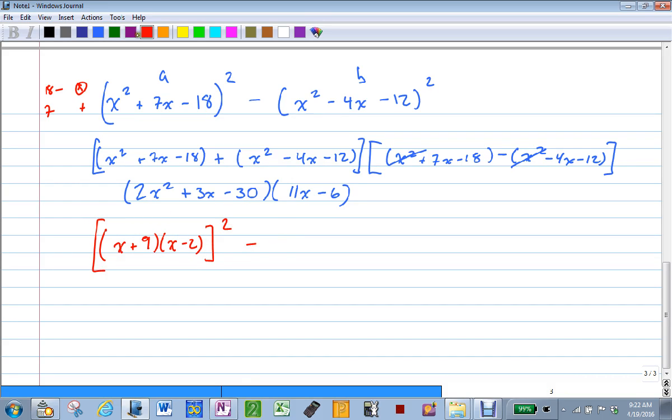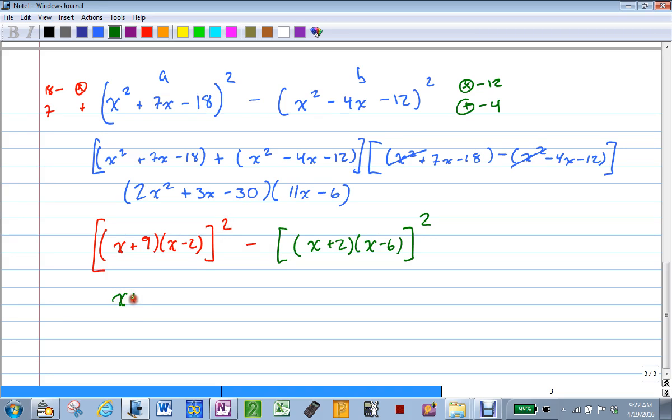Minus, and then I would have factored this guy. Multiply to negative 12 and add to negative 4. What is it? x plus 2, x minus 6. Yes? And all that would be squared. Everybody still cool? Now, can I square root that?